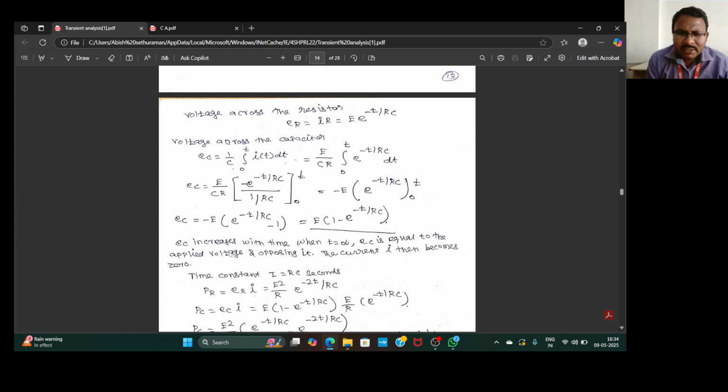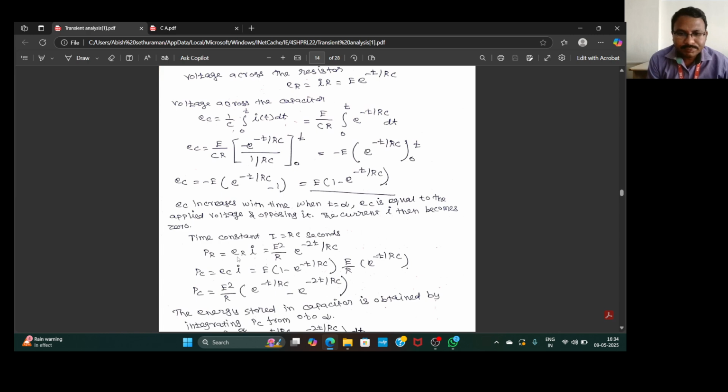EC increases with time, and when t is infinity, EC is equal to the applied voltage and opposes it. The current I then becomes 0.